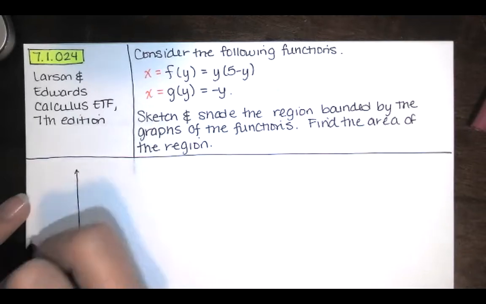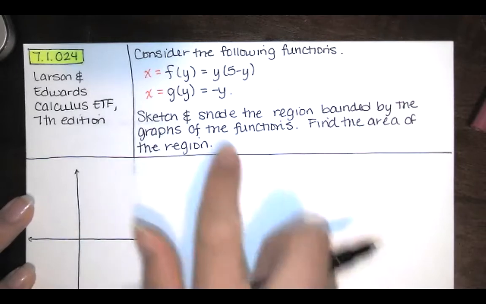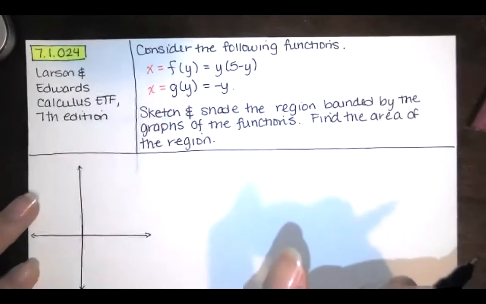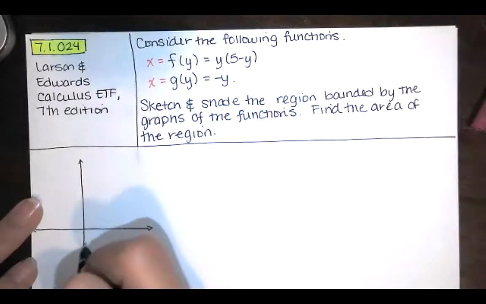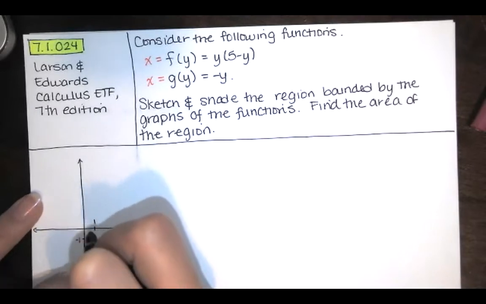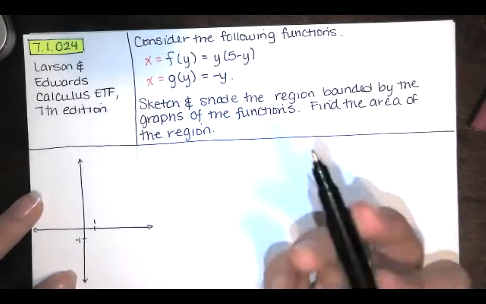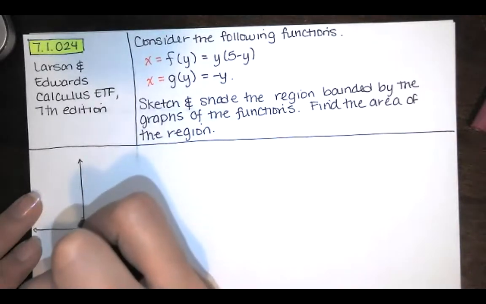So let's do the bottom one first. It's actually pretty simple. I've got x equals negative y, and that's the same as y equals negative x. When y equals negative 1, x would equal positive 1. When y equals 0, x equals 0. And when y equals 1, x equals negative 1.